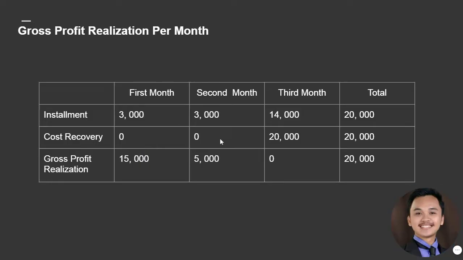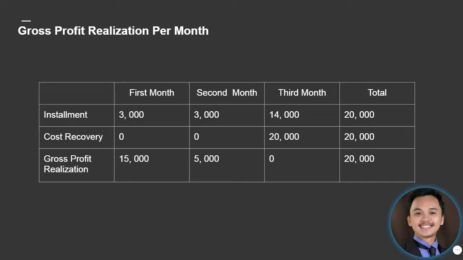Same with the second month, because if we accumulate the total collection for the first and second month, it will only total 30,000. Meaning the total cost of the merchandise is not yet fully collected. Therefore, under the first and second month, we will not recognize any profit at all or any gross profit.